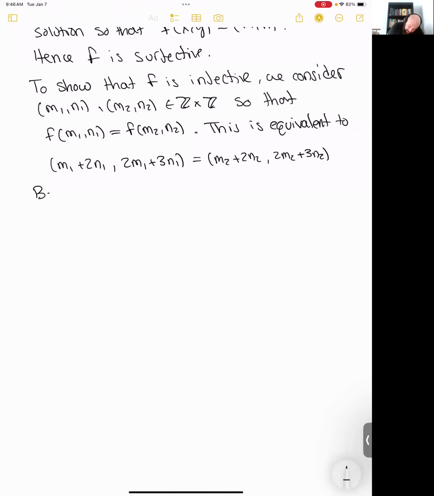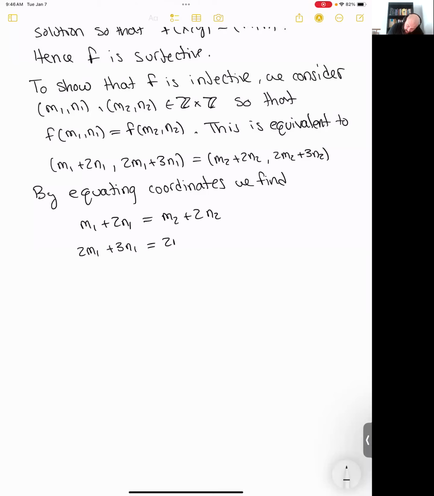So then again, by equating coordinates, we find that m1 plus 2n1 needs to be equal to the first coordinate of the second ordered pair, so m2 plus 2n2. And we find that the second coordinate, 2m1 plus 3n1, must be equal to the second coordinate of the second ordered pair.